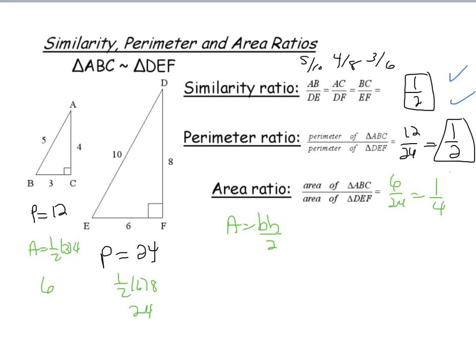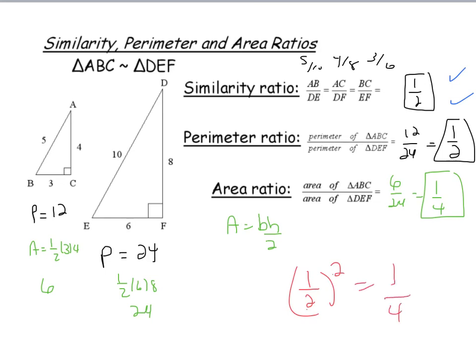What you're going to notice is that your similarity ratio will be the exact same as your perimeter ratio. The difference is the area ratio will be whatever your similarity ratio is squared. So if I take 1/2 and square it, 1 squared is 1, 2 squared is 4. Whatever your similarity ratio or perimeter ratio is, when you square it, you get your area ratio.